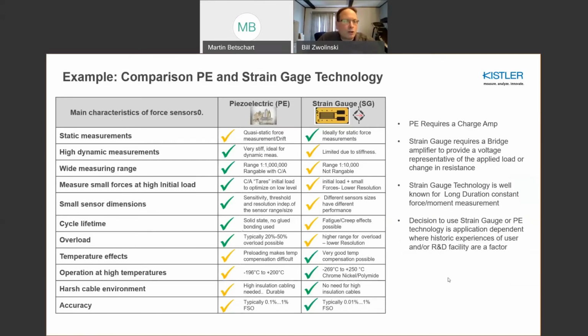It's got very good temperature compensation capability, good accuracy for sure. So there are definitely some benefits to using strain gauge. I've already gone through a bit of what piezoelectric offers, certainly the rangeability, quasi-static capability, being able to tare the force to optimize your dynamic range on a measurement, all very powerful.